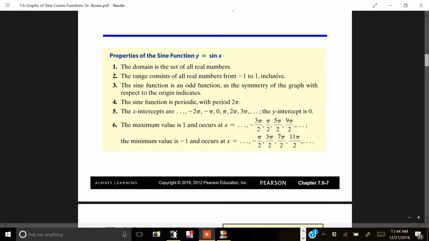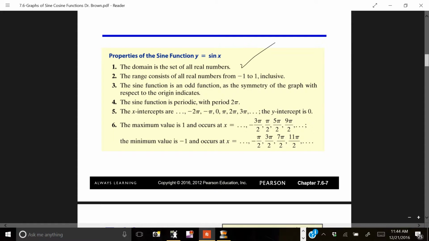The domain is a set of all real numbers. The range, which indicates how small or large the y values can get, is from -1 to +1 inclusive, or we could write y between 1 and -1, including the endpoints.